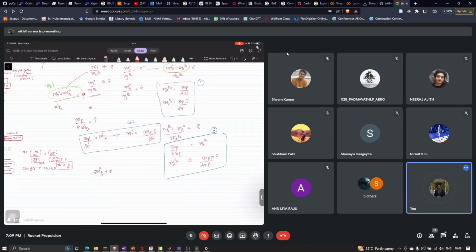M03 plus M03 S2 is 4 S2, which gives you MP by 4 into 4. This is M3 S2, and similarly if you calculate M3O2, which is 3 by 4 into 4 divided by MP, right? This is our fourth part.